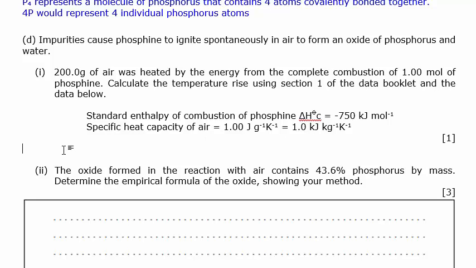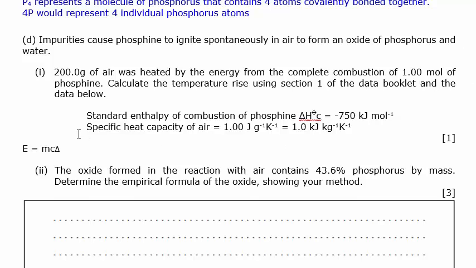So if we use our equation, E equals mcΔT, the energy is 750 kilojoules, and the specific heat capacity is 1 kilojoule per kilogram, so times 1, and ΔT is what we're trying to find, the change in temperature.